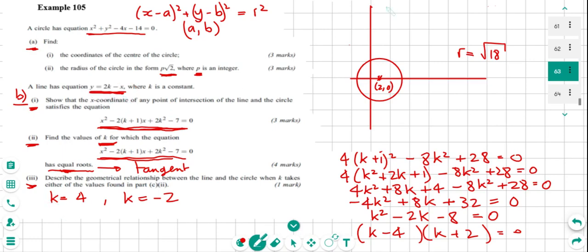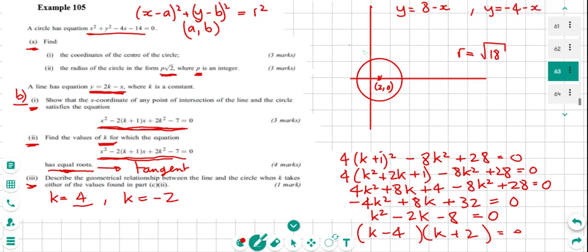We've got two options for it. The first is where k is 4: if we multiply the 2k by 4, then y is 8 minus x. And the other option, with k being minus 2, is that y would be minus 4 minus x.